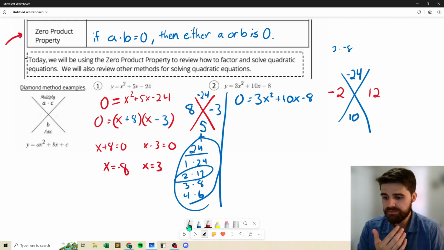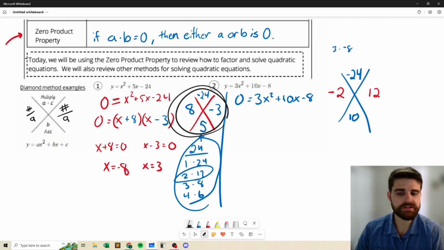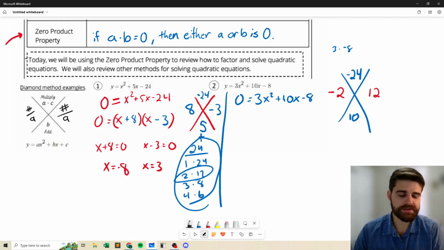Now, because we had to multiply times a here, what we really want to put on the sides of our puzzle here is our factors, whatever numbers we get, divided by a. Again, in most situations, like this first one, a is 1, so we just ignore that. But in this situation, I actually did have an a value that I needed to slide there. So I'm actually going to put both of these over 3.